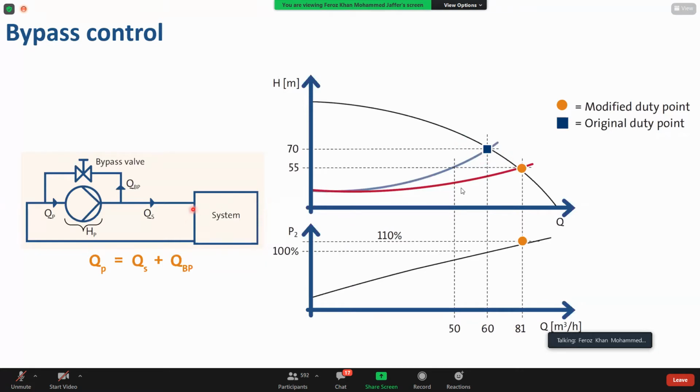The system will have reduced pressure and also reduced flow, meaning required flow. But the excess flow will be circulating in the line. And in this case also, we might have some energy getting killed in this process. We may have to compromise a little bit.